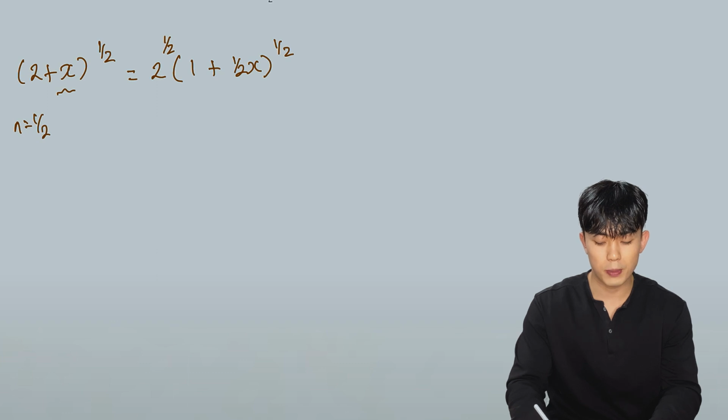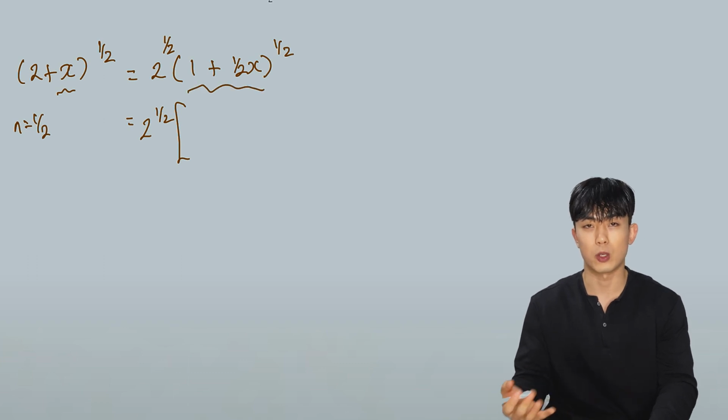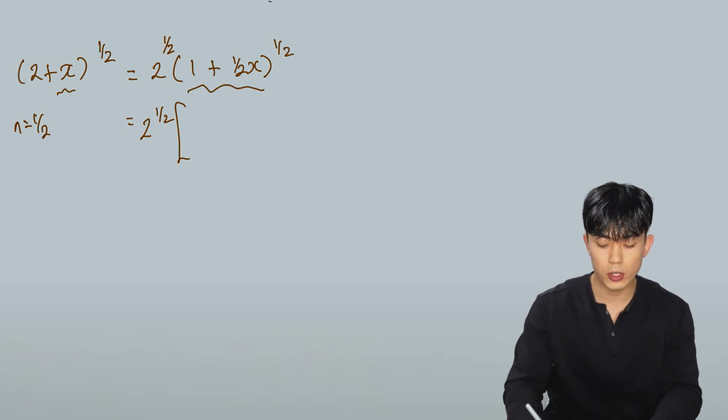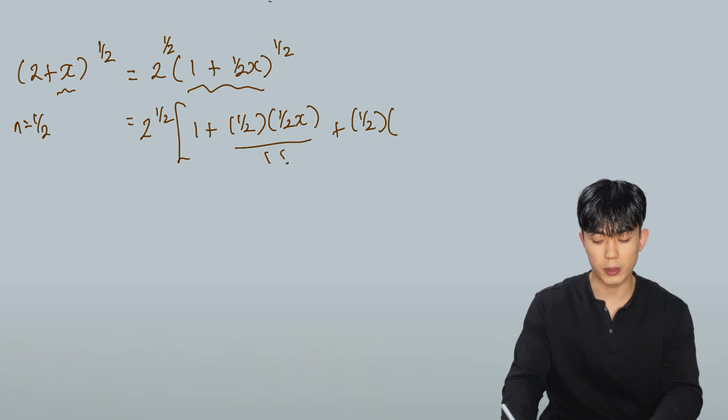So I'm going to take 2 to the power of half out, and I'm going to draw a big square bracket. And just imagine expanding this term here using the equation we just learned. So I'm just going to do up to the cubic term. So 1 plus, our n is now half, so half times half x over 1 factorial, plus half minus 1 again, so it's negative a half, times half x all squared over 2 factorial.